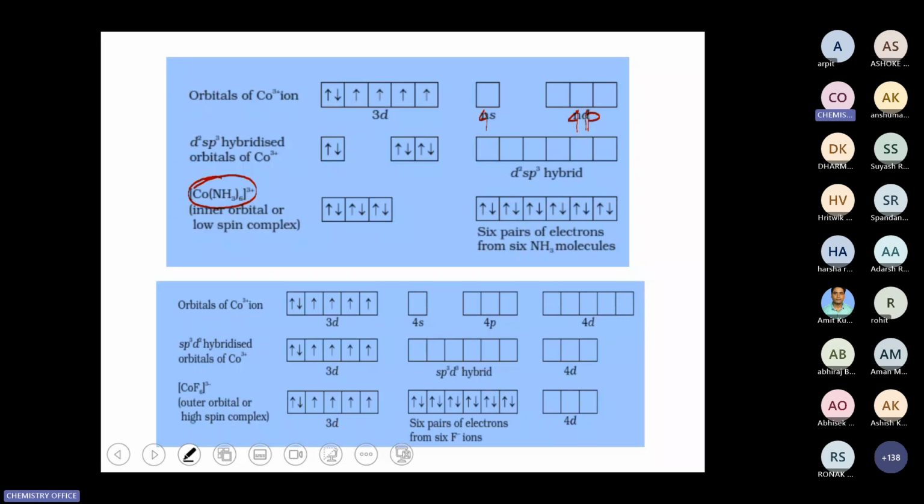Therefore, forget about this; I am not taking this one. It will go there and it will go there. So we are left with 2d, 1s, and 3p: d2sp3 hybridization.